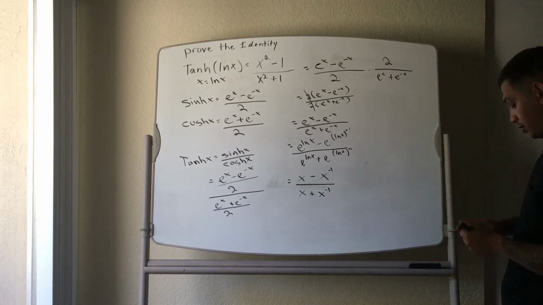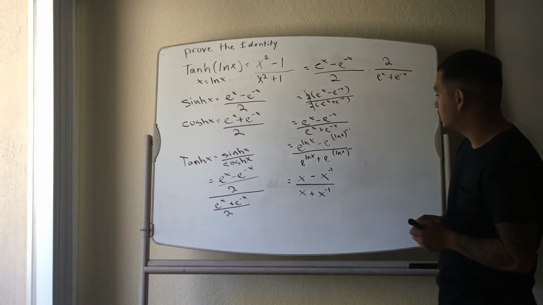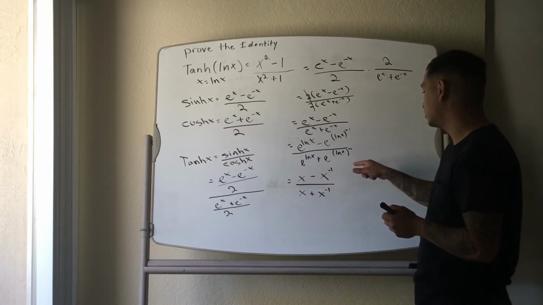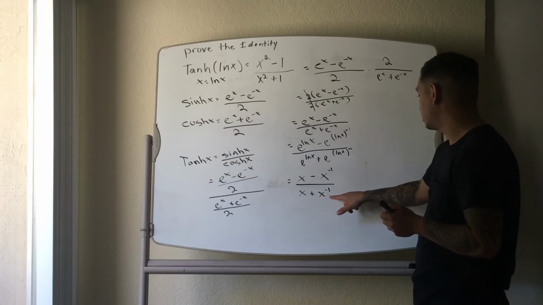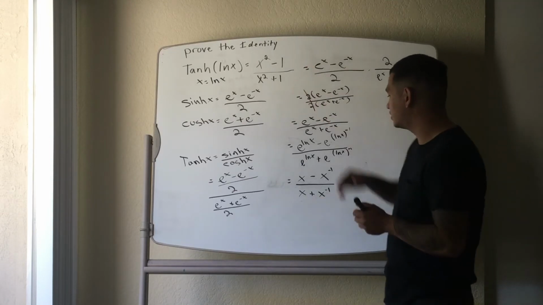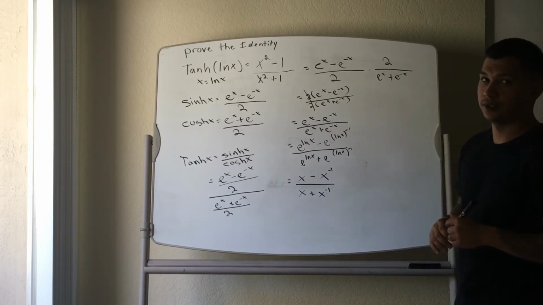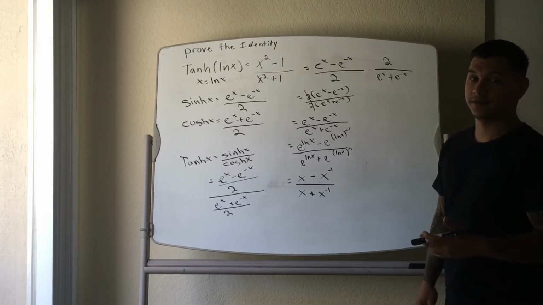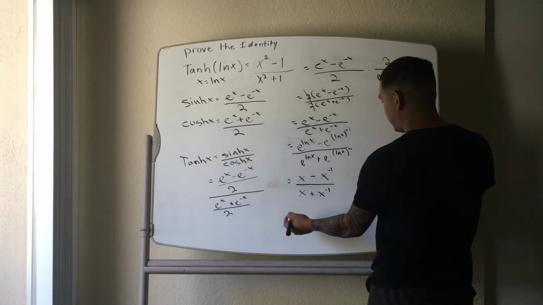And now it's starting to look pretty close. Let's go back. We have x minus x to the minus 1 power, x plus x to the minus 1. It's kind of looking similar, but we notice that we have a negative exponent, which means that we can further simplify, right?